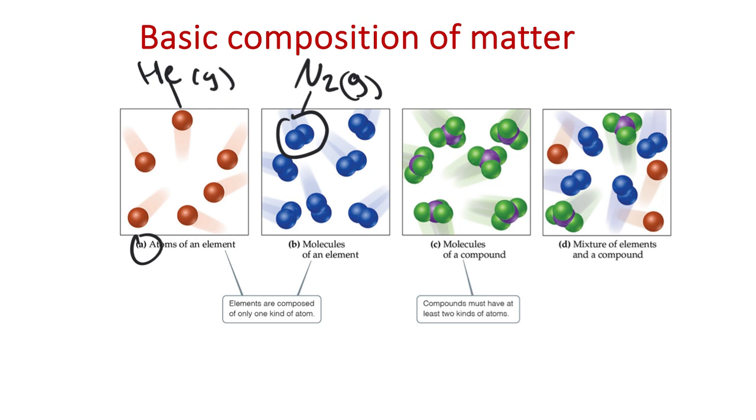A container of helium would have a lot more than 6 atoms, but imagine a helium cylinder with a bunch of individual atoms of helium all independently moving around. If you imagine a container of nitrogen gas, you'd have 2 nitrogens bonded together, independently moving around the container, and a bunch of those making up your container. If you had a container of ammonia, maybe it looks something like this, where you have NH3 molecules, a gas sample of NH3.